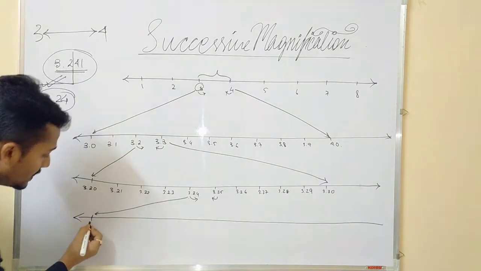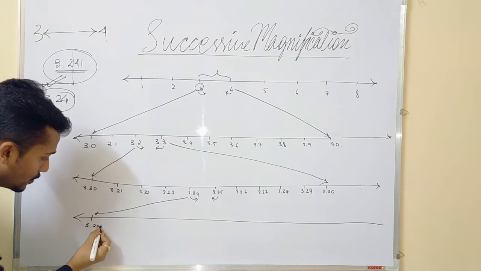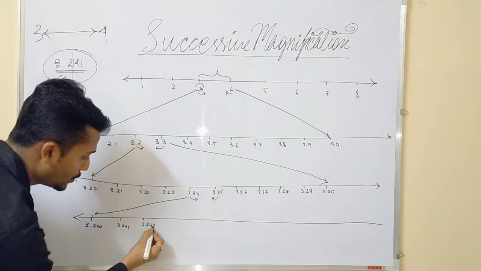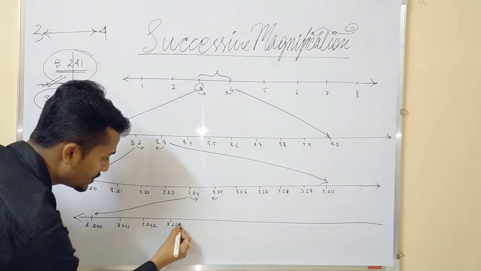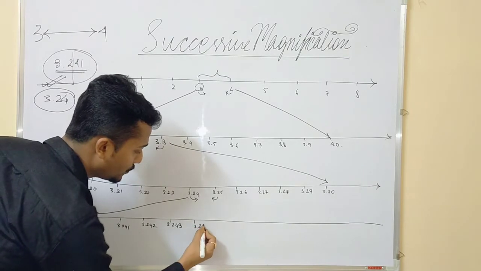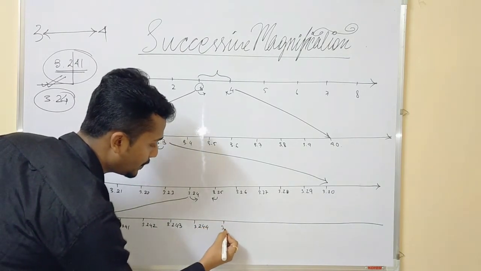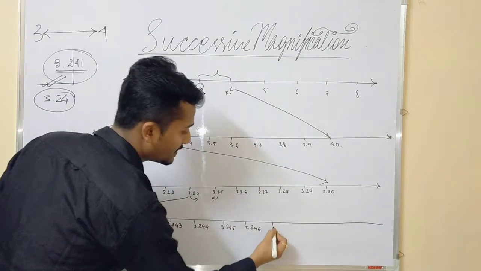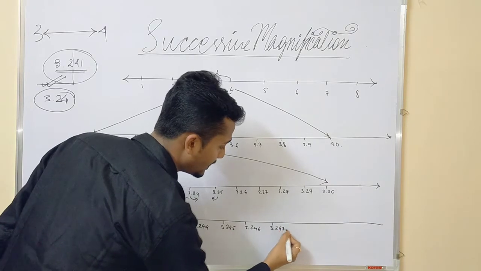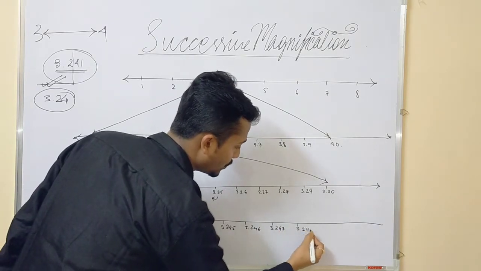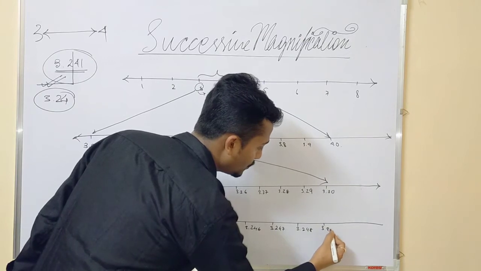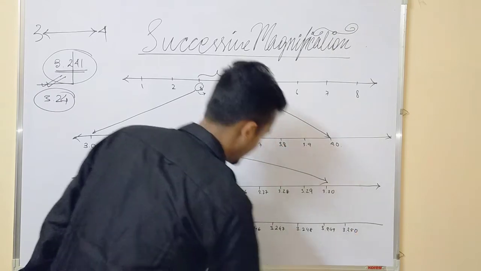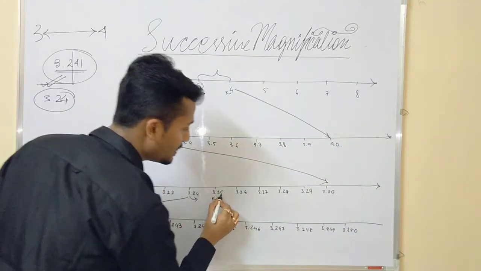How much will it be? 3.240, 3.241, 3.242, 3.243, 3.244, 3.245, 3.246, 3.247, 3.248, 3.249, 3.250. 3.250 means 3.25.